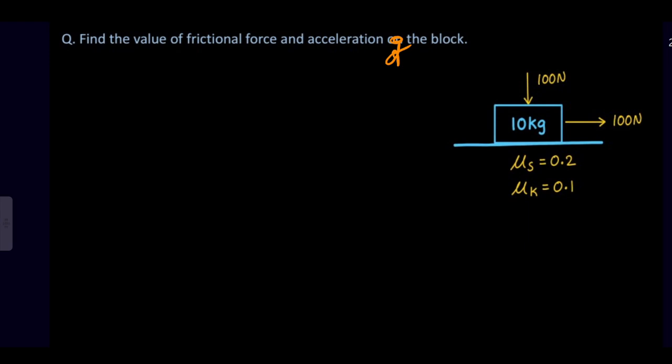So we need to identify how we can say directly. Here this force we applied, but here we applied like this. Will it move? So you have to check it now.